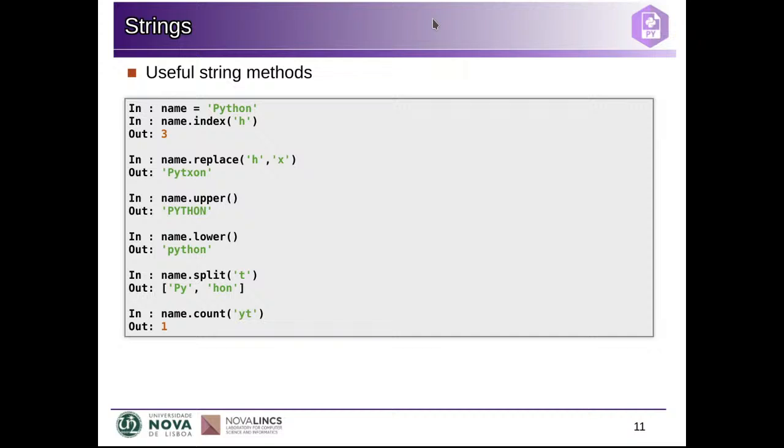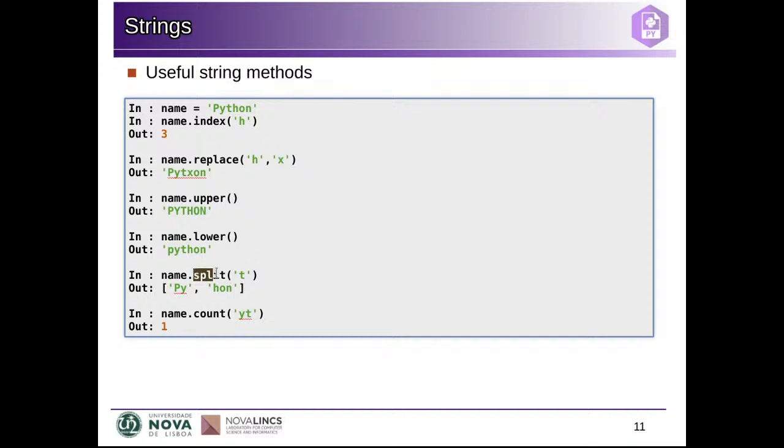We saw some useful methods for strings, so things like upper, lower. You also have index. You can put a substring there and see if you find it on the string. You can count how many times some string appears. You can split a string based on some substring.